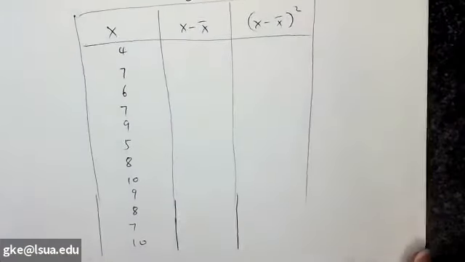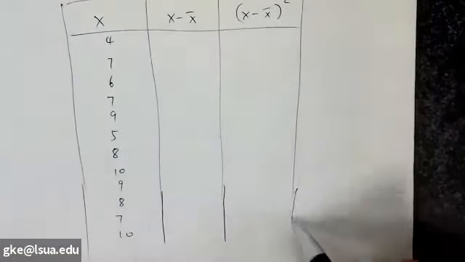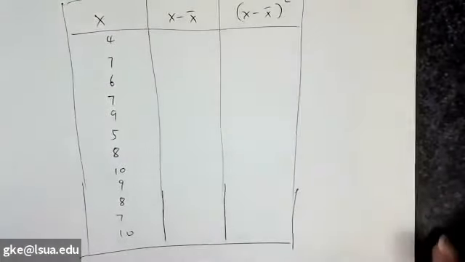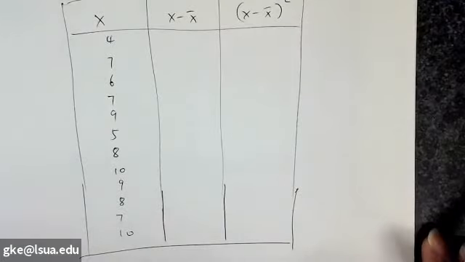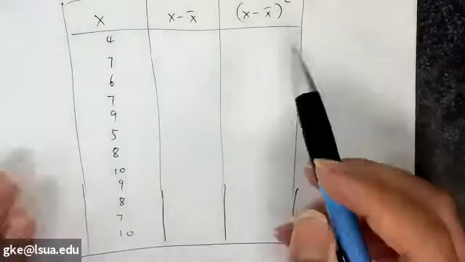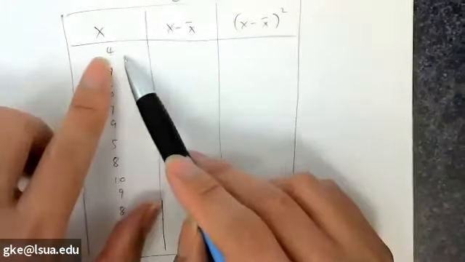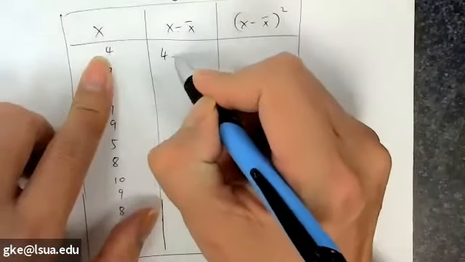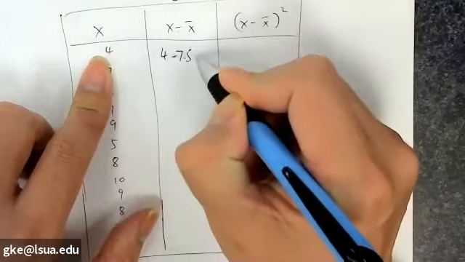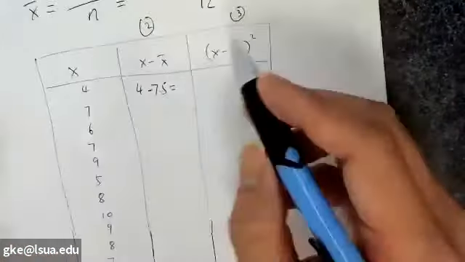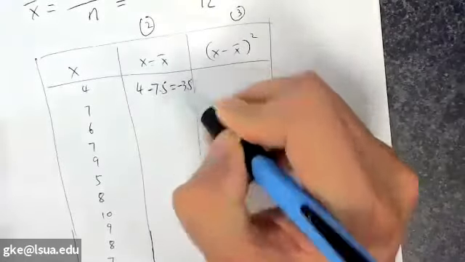We finished copying all the entries. Now subtraction, x minus x bar. 4 minus the mean value, 7.5, is negative 3.5.